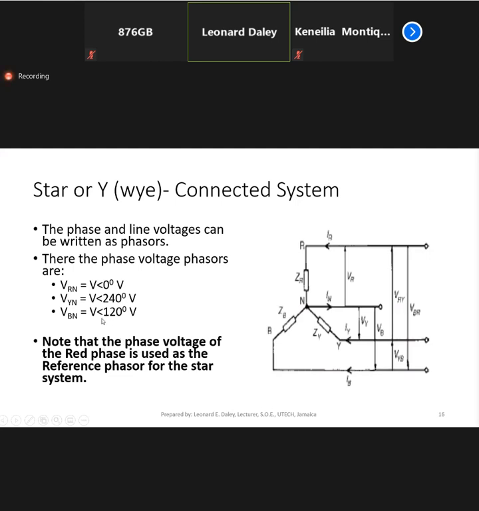All right, and this is saying that the red phase voltage is our reference phasor for a star system. So note that the red phase voltage is the reference phasor. So the red phase voltage we will always use at angle 0 for our star system.